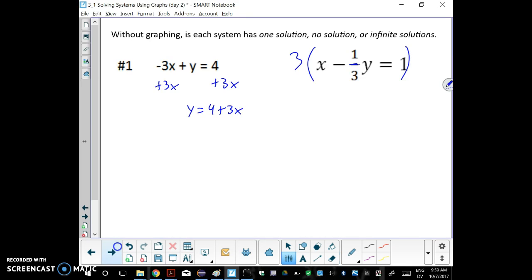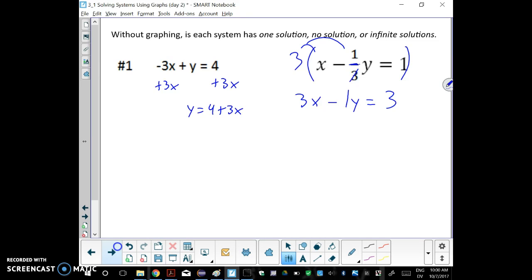So all of it times 3 would give us 3x. And then here, this divide 3 cancels with the times 3. So we have 1x, 1y, excuse me. And then take the other side times 3. Okay, and so we've magically turned it into an equation that does not have a fraction in it anymore.